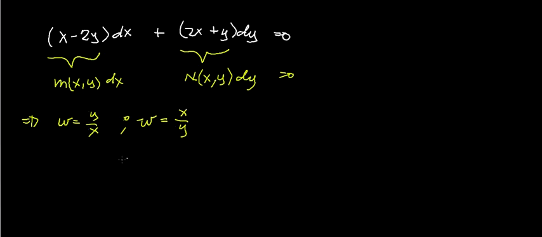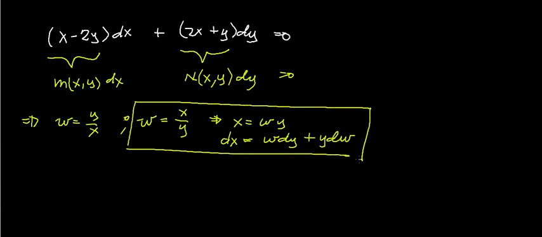Either of the two is applicable, but if you use this, then x = wy, and dx is equal to the first times the derivative of the second plus the second times the derivative of the first as well. So all you need to do is derive the necessary algebra of this substitution and its equivalent derivative.